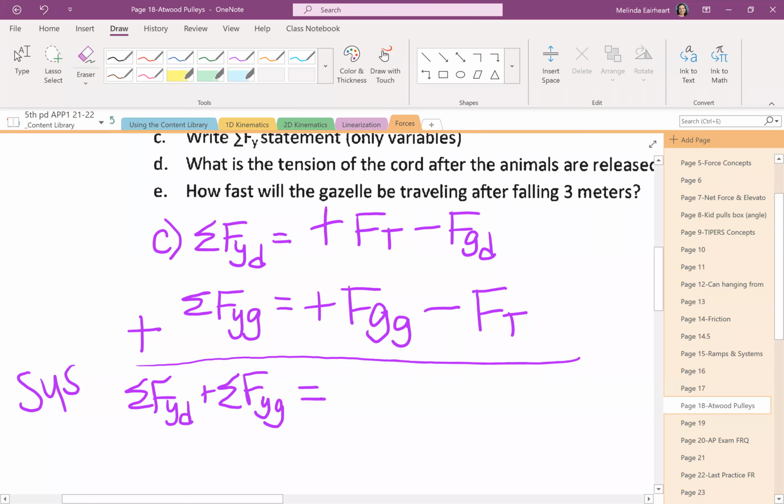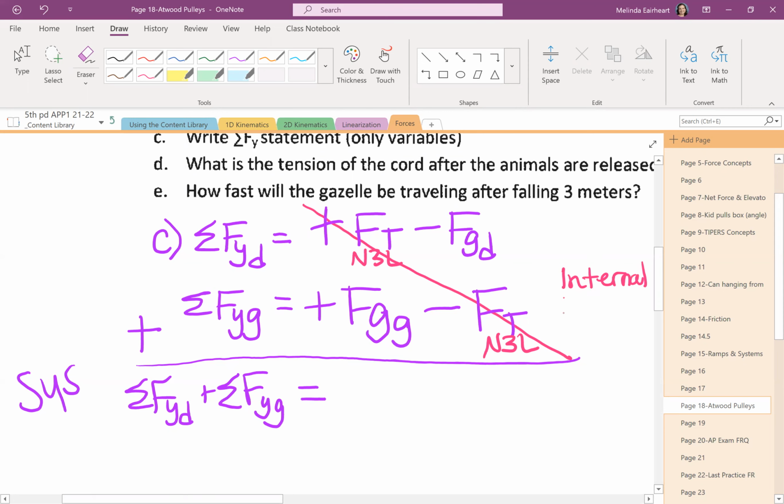What do you notice with Newton's third law pairs? I don't know the number, but whatever it is, a positive number minus the same number is going to cancel out.